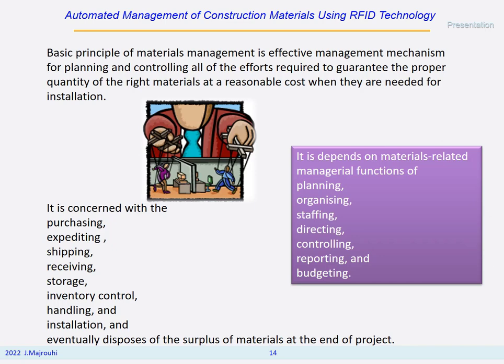To have successful materials management, we need to satisfy planning, organizing, staffing, directing, controlling, reporting, and budgeting requirements to address concerns of purchasing, expediting, shipping, receiving, storage, inventory control, handling, installation, and eventually disposal of the surplus materials at the end of the project.